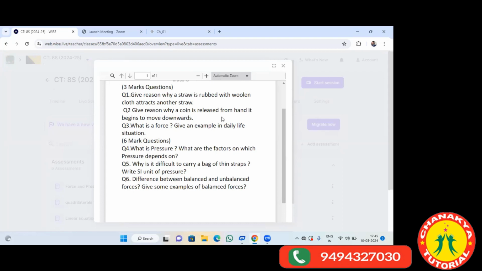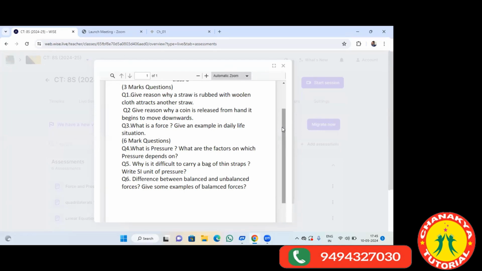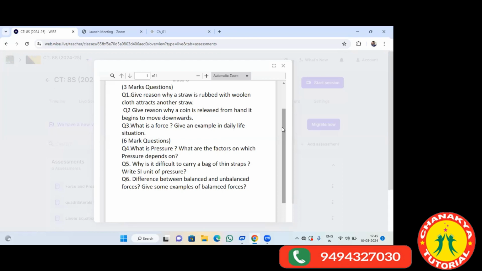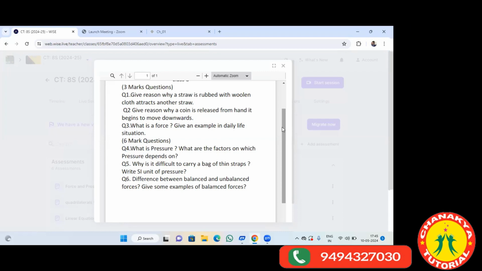Sir, what is the end time of this assignment? The end time was 5 p.m. The test starts at 5 p.m. Saturday and ends at 5 p.m. Sunday, so you have 24 hours. Within that time, you can attempt your test at any time. This week you will have an objective test of 20 minutes, starting from 5 p.m. Saturday to 5 p.m. Sunday.